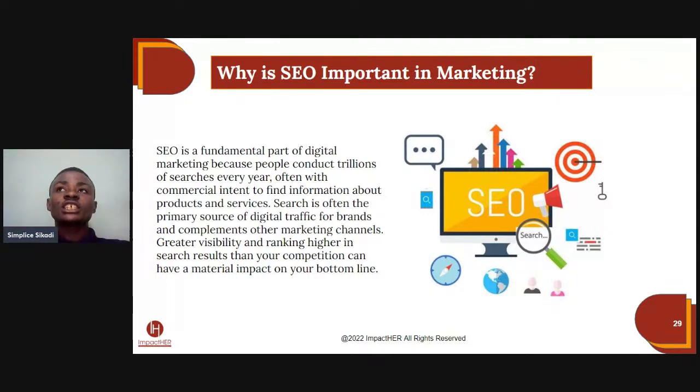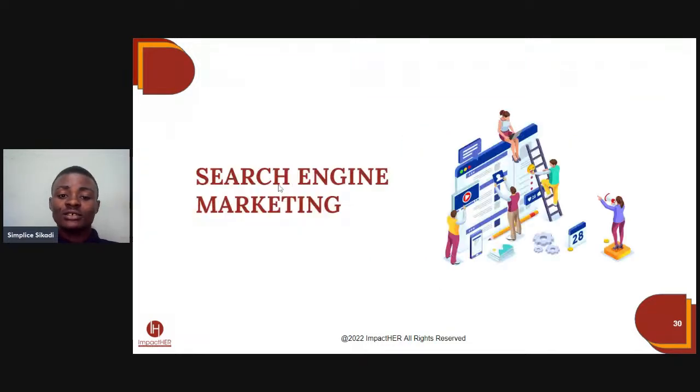Because when it comes to search engine optimization, there are 2 of them. I think we even look at it in the slides below, because we'll look at search engine marketing, right? Search engine optimization usually is done manually. Manually means that you do the keyword research yourself. You create a lot of blog posts, and you rank gradually. Sometimes it might take you up to 4 months or 6 months before you start seeing results.